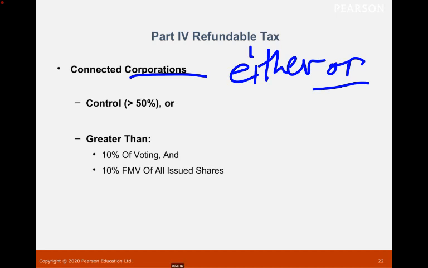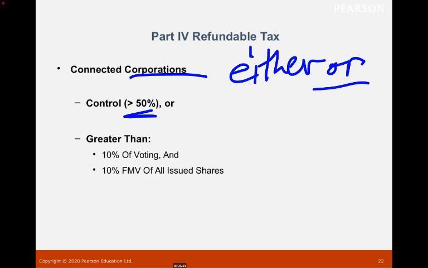So first of all, a controlled corporation, control being defined as greater than 50% of the voting shares by any combination of the other corporation and persons with whom it does not deal at arm's length. So basically, one corporation is connected to another one that it controls through those voting shares. And to control, that would be more than 50%.